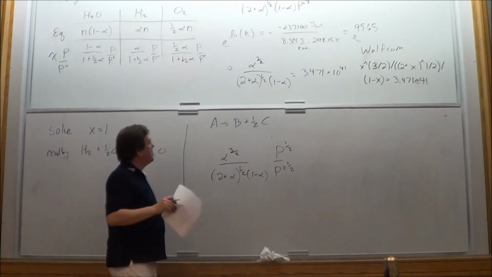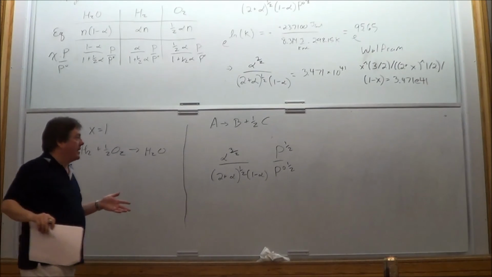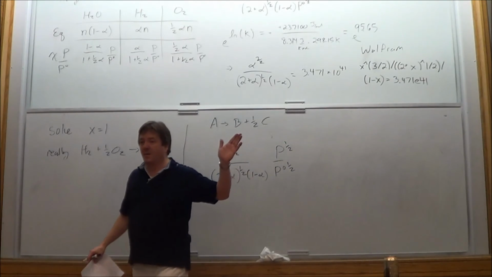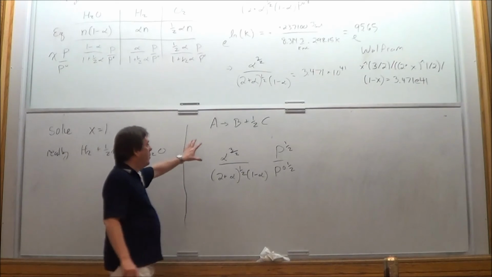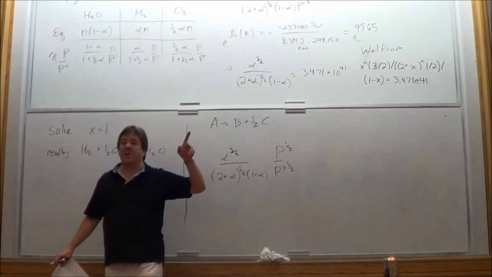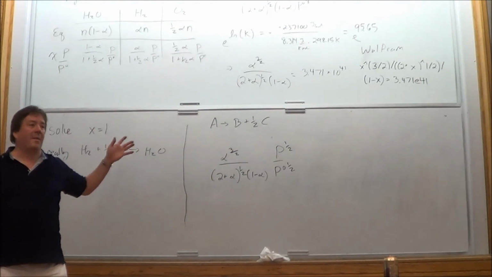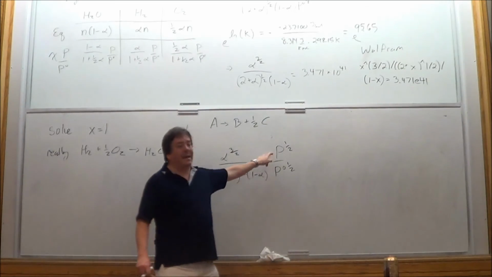And as I form products, the pressure is going to change. It's going to go up. I'm going to start with 1 bar here just because. And if it goes to completion, I'm going to end up with 3 halves, 1.5.